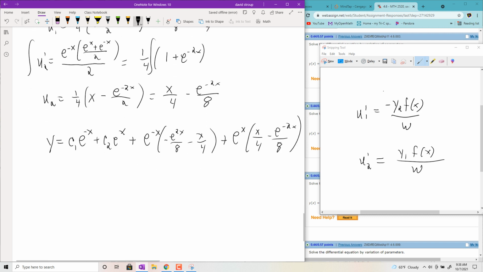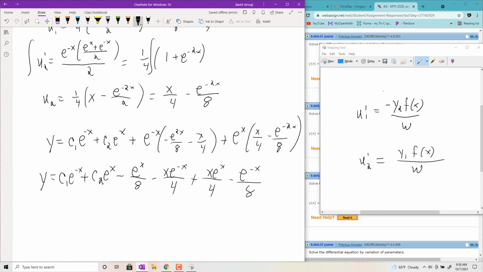Distributing to make it look pretty, you get y is c1 e to the negative x plus c2 e to the positive x, minus e to the x over 8, minus x e to the negative x over 4, plus x e to the x over 4, minus e to the negative x all over 8.